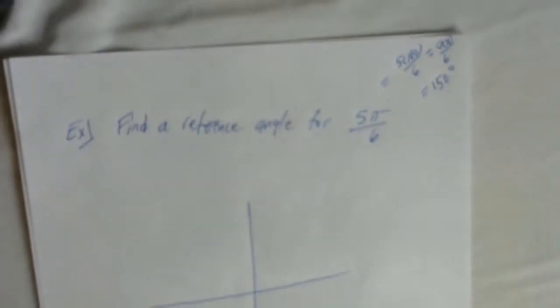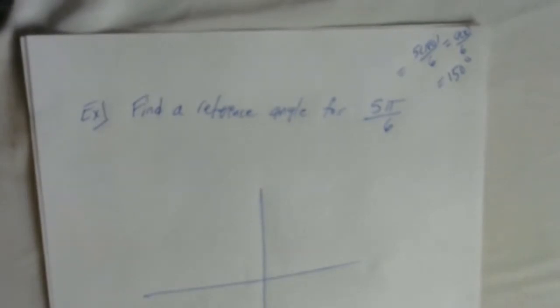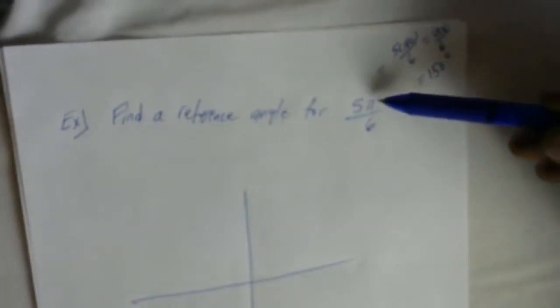If I multiply 5 times 180, I get 900. And if I divide that by 6, I should get 150 degrees. You may want to verify that with your calculator.